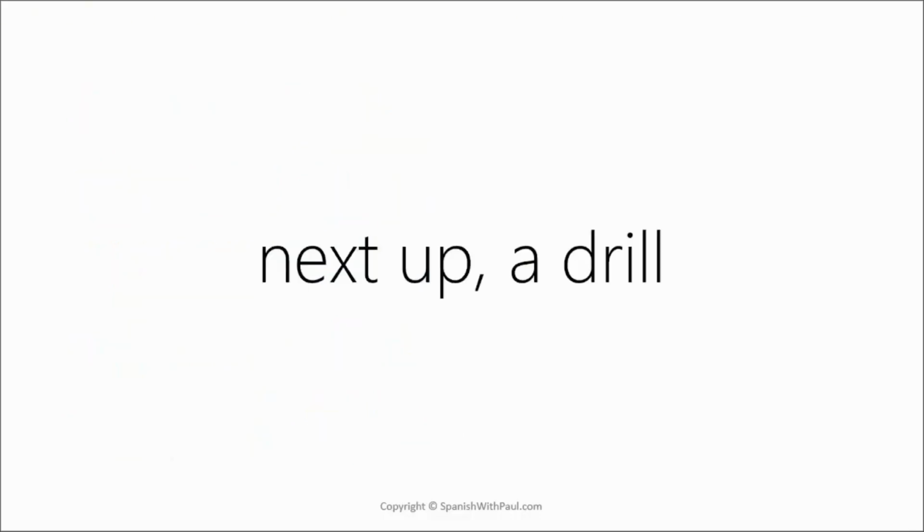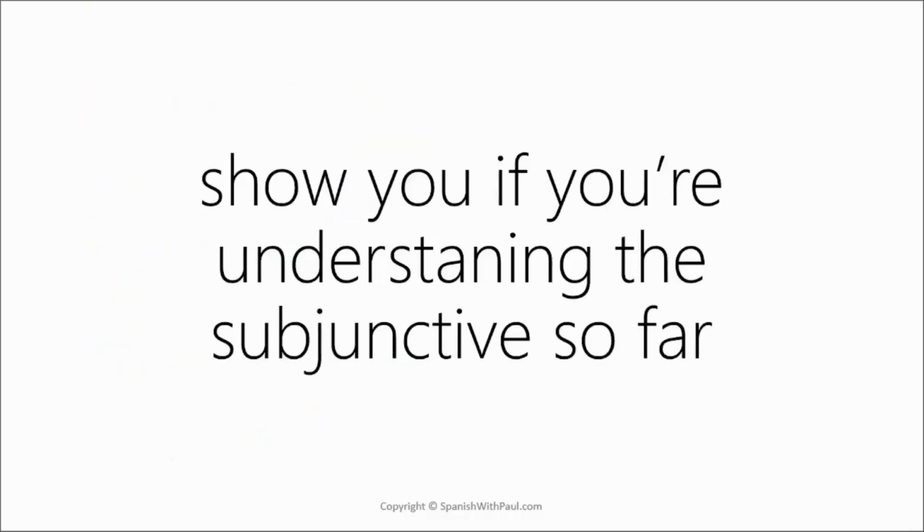So we have quiero que, quieres que, quiere que, queremos que, quieren que. All the angles will trigger the subjunctive in the exact same way as quiero que, the one that we've already been working with and using a lot. Next up, we're going to run a drill, and this is really going to show you if you're understanding the subjunctive so far. So let's see how you do with it.